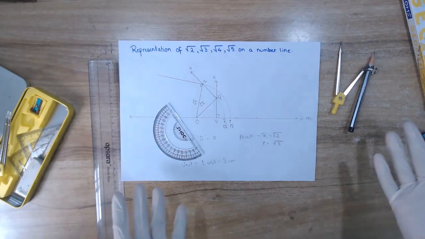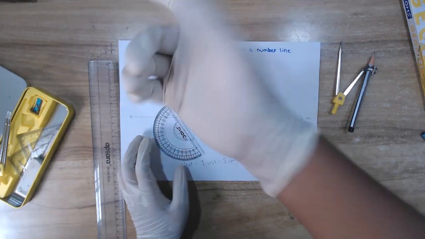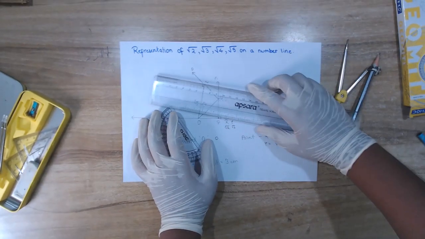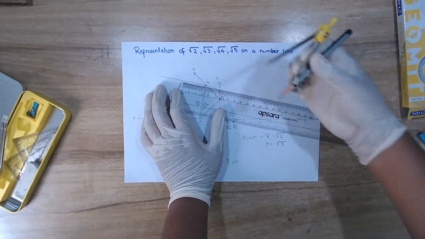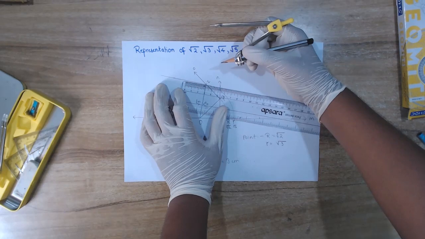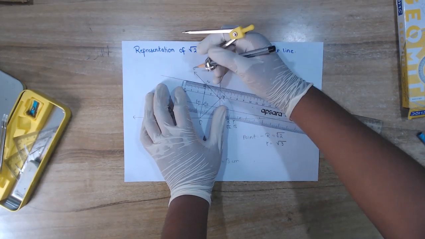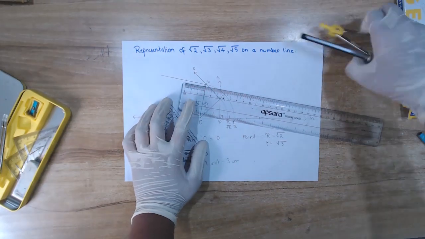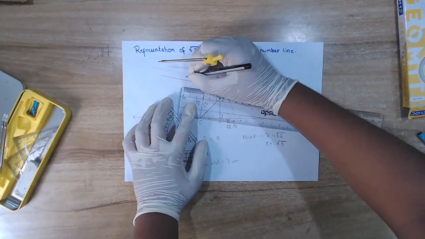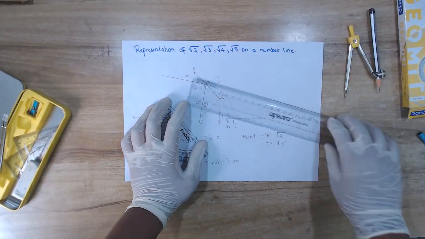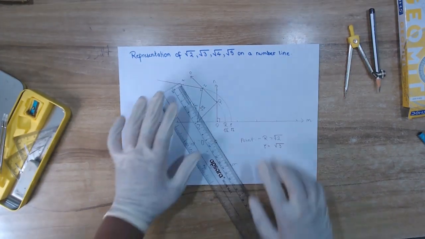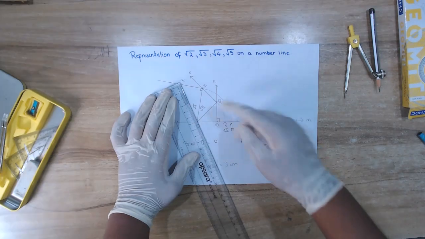Now, like the previous steps I told you, we'll take 3 centimeters here as 1 unit. Okay, let's mark this point as point X. Let's construct a line segment from point X to point O.